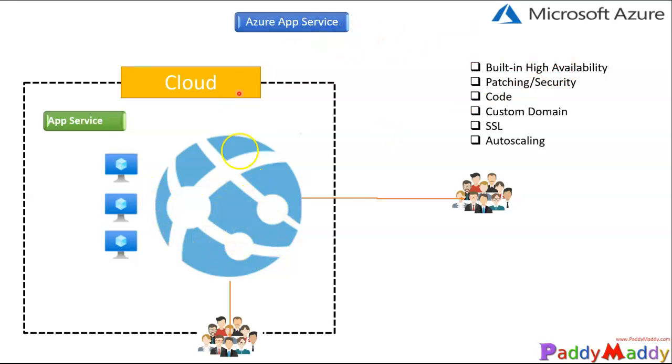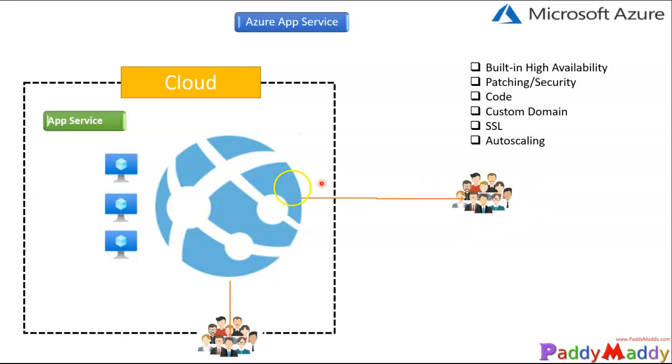In a minute or so, we're going to learn about app service plans, which give you more capabilities like auto scaling, SSL, custom domains, and automated patching of these virtual machines, which are managed in the back end. That is taken care of by Microsoft because it's a platform as a service model, which you use as the front end. You simply upload the code, it compiles, and it's ready for the end users.